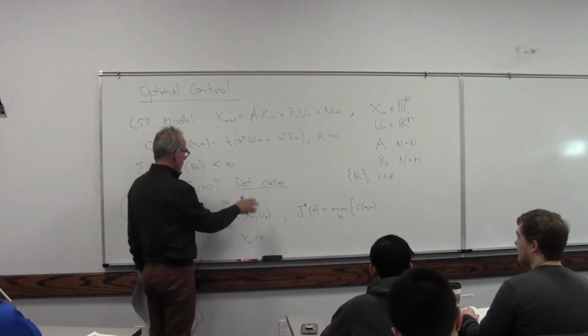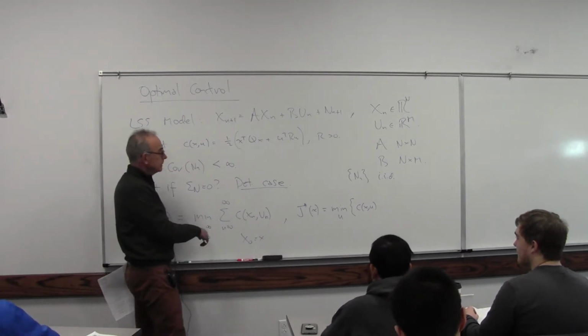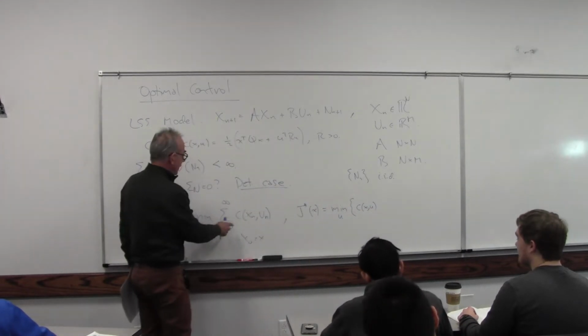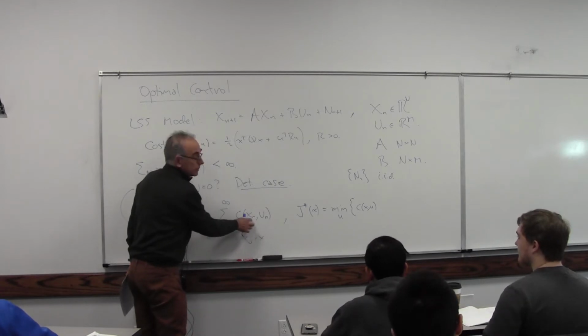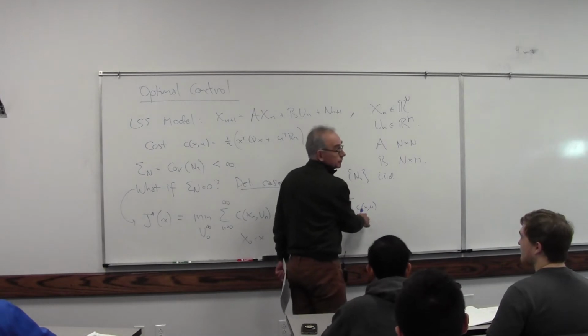So this whole minimum, which is an infinite dimensional problem, minimizing over sequences, it's the minimum of the first step cost, and that actually appears here, right? When n equals 0, x0 equals x, and I've got a u0 here, and that's what this is.